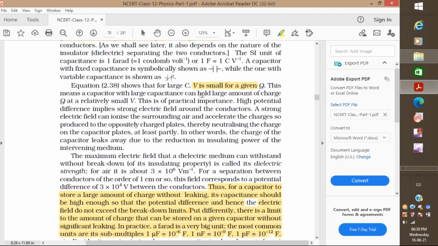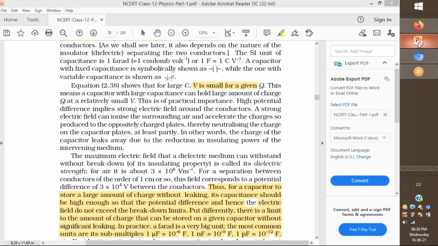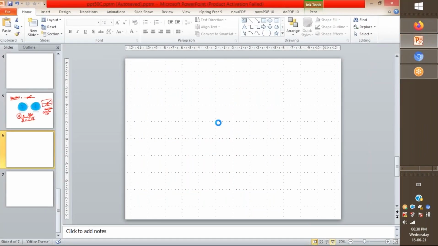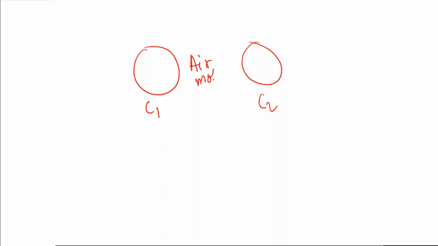Otherwise, what will happen? If the potential difference is big, consider these two conductors, C1 and C2, separated by air molecules or any dielectric material. Instead of air, I can keep any dielectric material here, a dielectric slab like this.